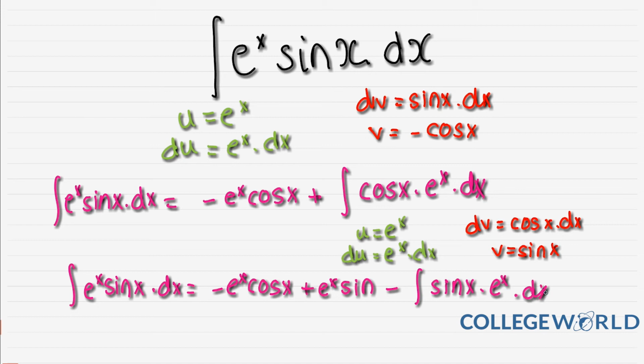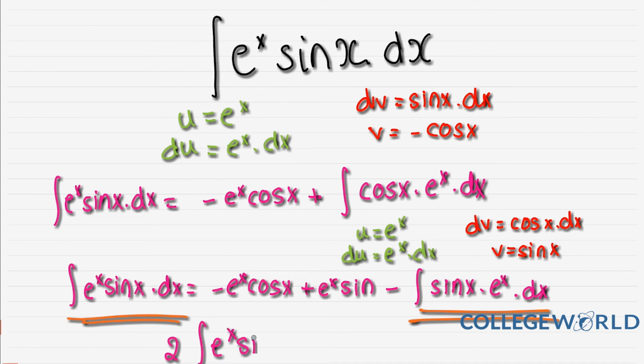And you start thinking, well, are we getting anywhere here? We're just stuck. But actually no, if you take a closer look, you're going to notice this important step that solves the whole thing, that this and this are exactly the same. Now if we take them to the same side, we're going to have 2 times the integral of e to the x sine x dx equal to minus e to the x cosine x plus e to the x sine x.